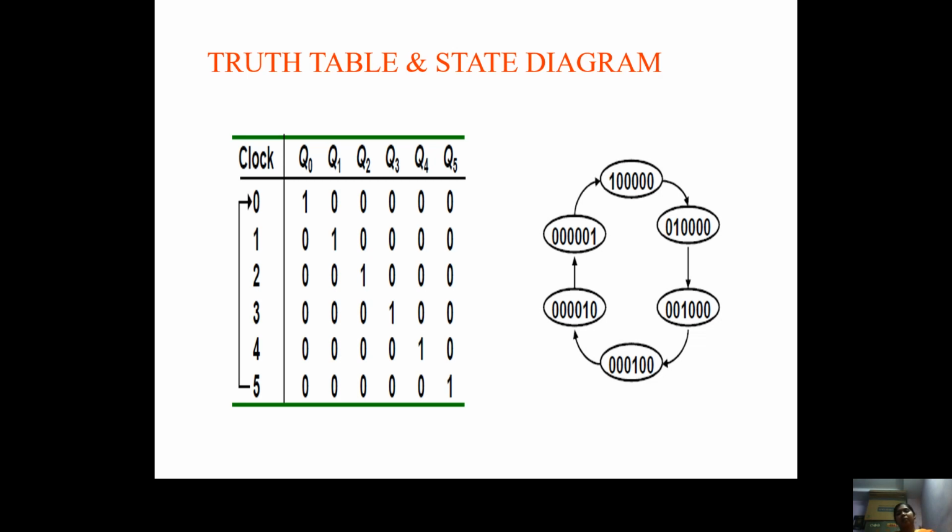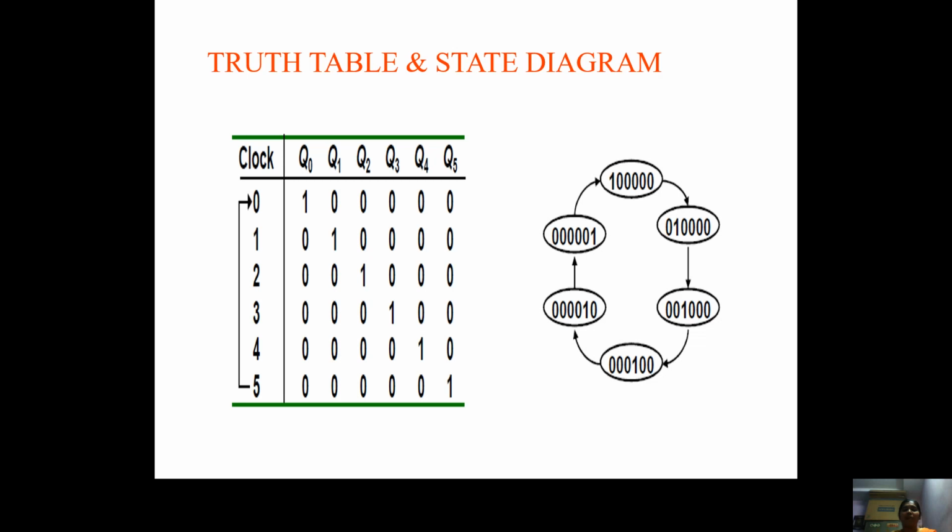So here the advantage is that it is easy. The counting sequence is easy because at one clock pulse, only one of the flip-flops is going to be set. So the counting sequence is easy to obtain.